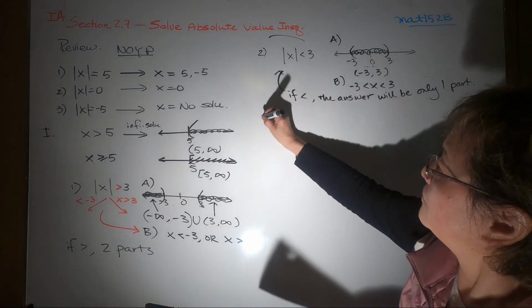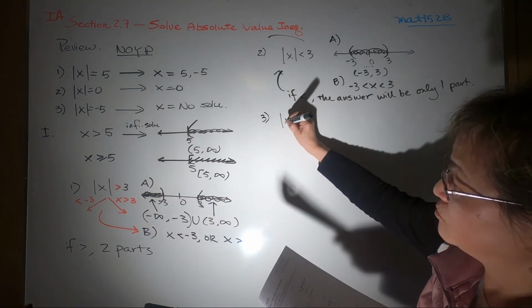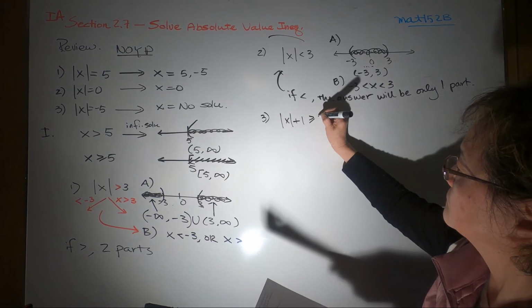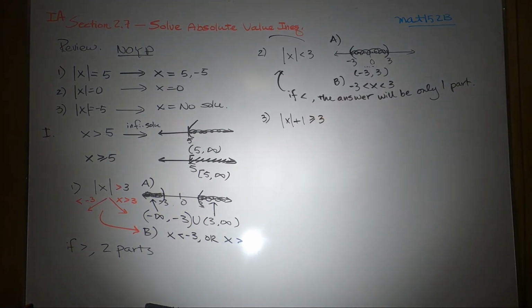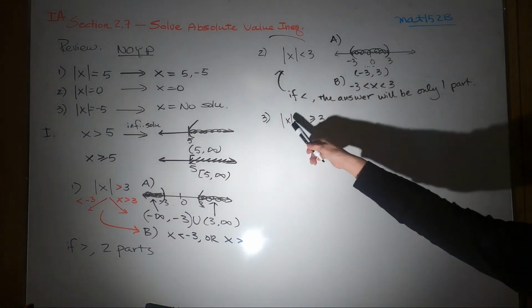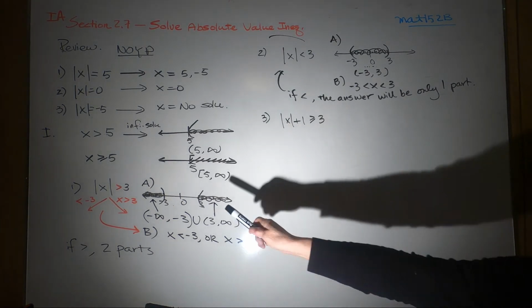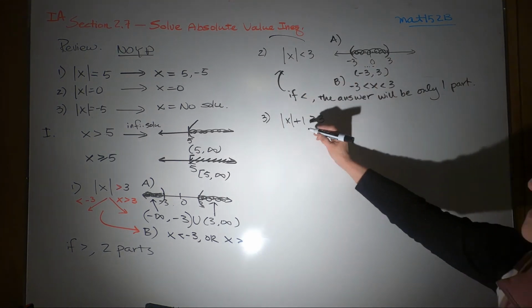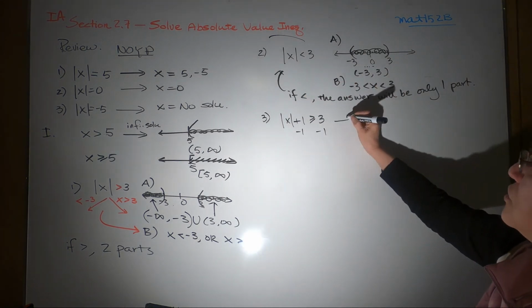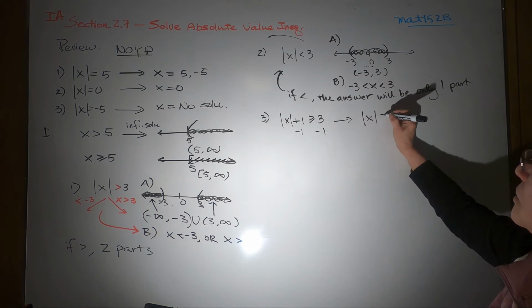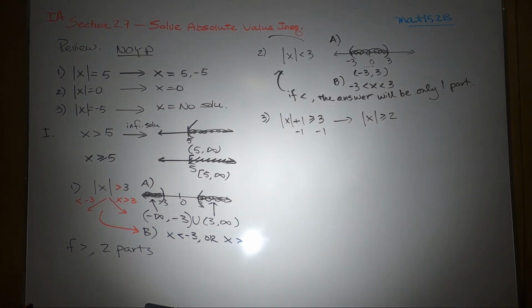So, however, if you have this one, you have something added to your absolute value, then you have to get absolute value by itself, then you can resolve it, right? So you will have absolute value greater than 2, right?